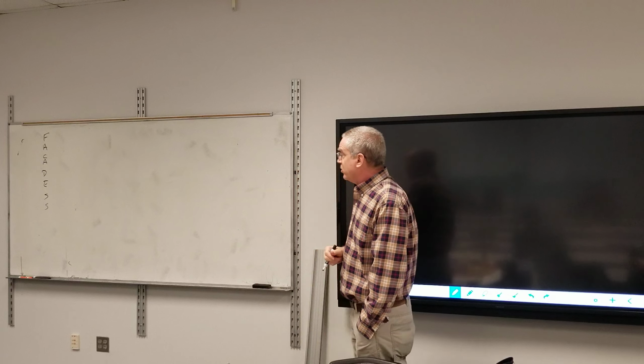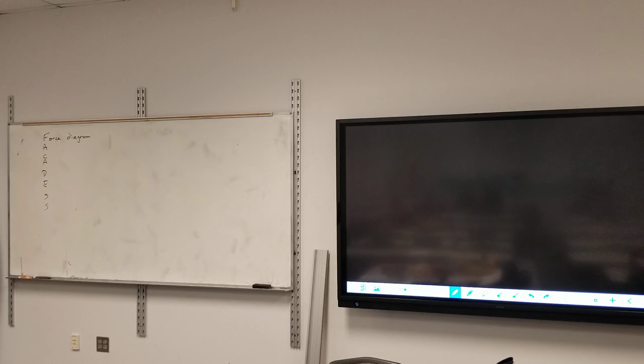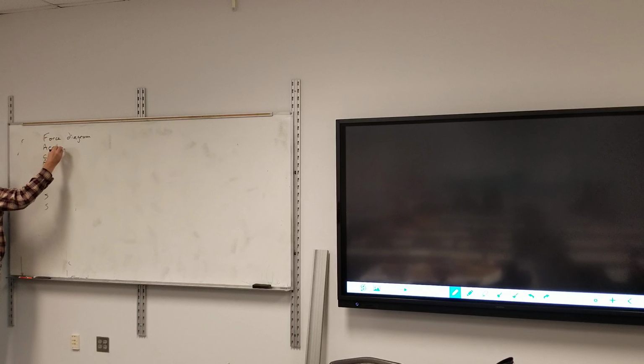So the F stands for force diagram, which is what we're spending a lot of time on right now. Once you have the force diagram done, you're usually trying to find acceleration or something related to the acceleration. So this is A for acceleration direction.